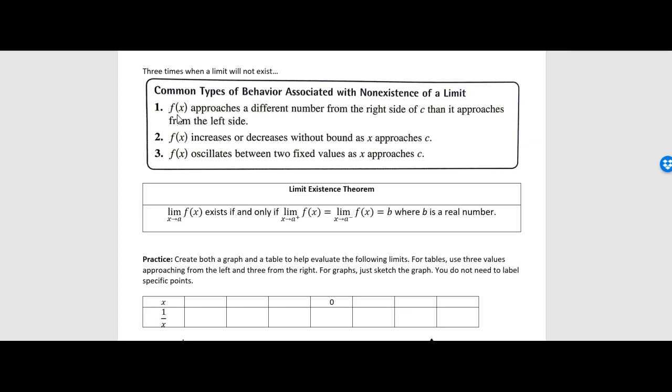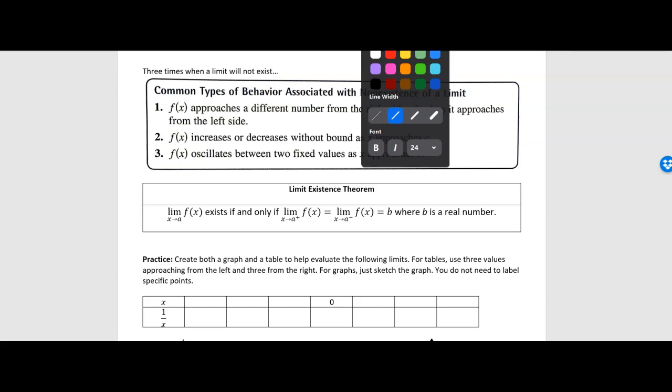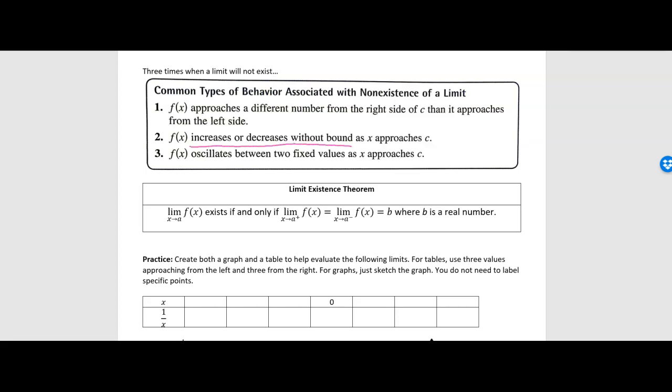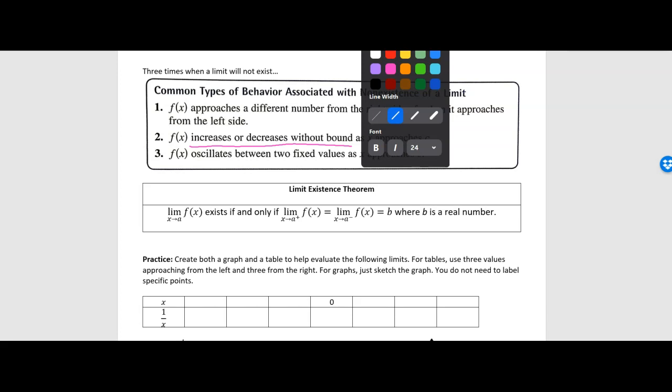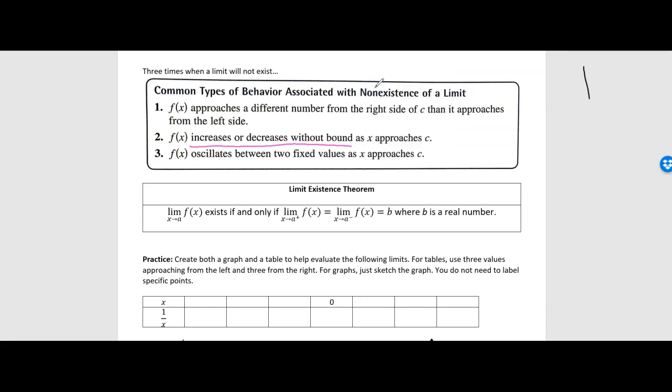I think we've hammered that home pretty well the last couple of lessons. Number 2, f of x increases or decreases without bound as x approaches c. Maybe we're unclear of what increases or decreases without bound means. All this means is that the function is approaching positive or negative infinity.